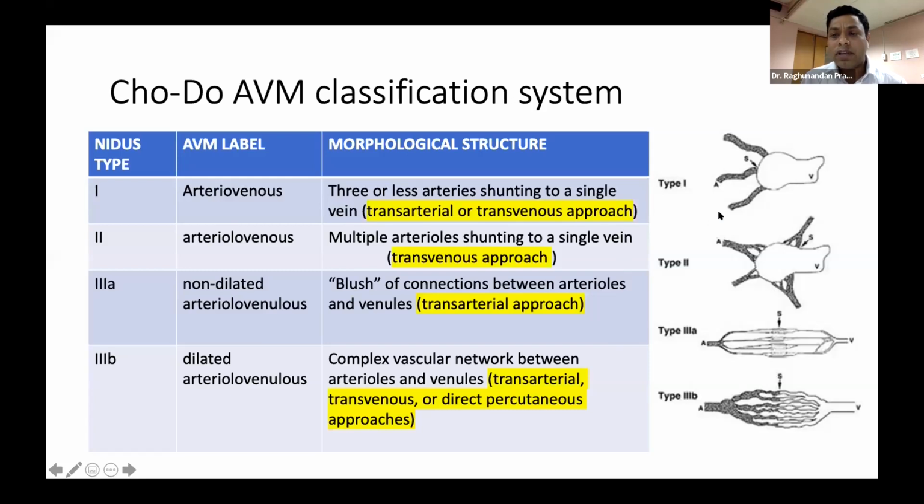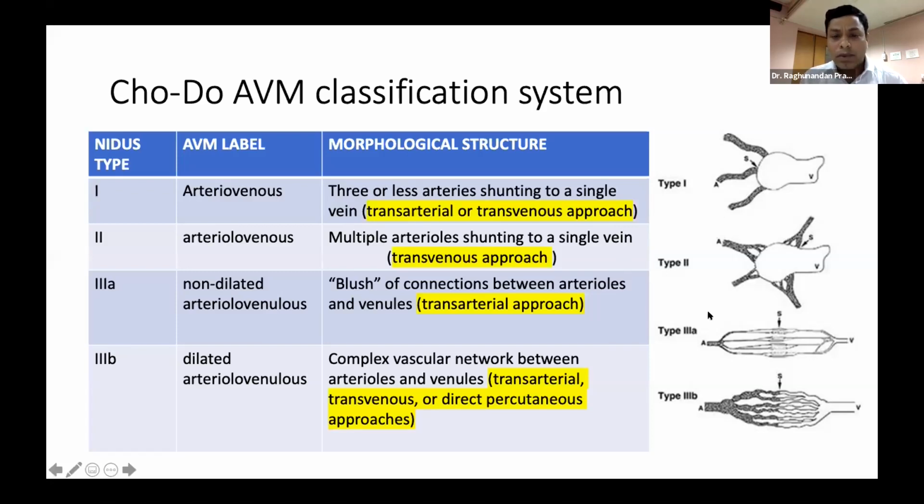In type 1, you may have one arterial feeder or up to 3, any number less than 3, draining into a single vein. These come into type 1, and to treat these lesions, either a transarterial or transvenous approach can be used.